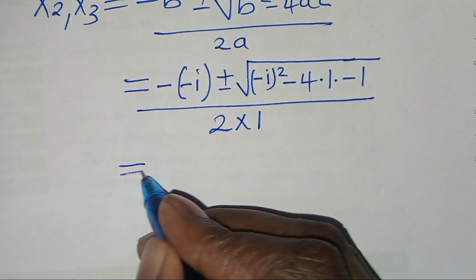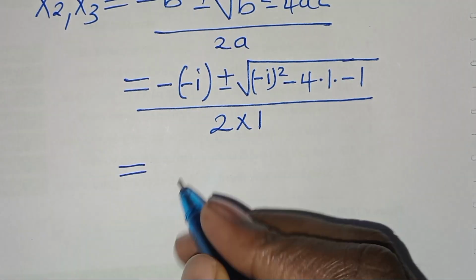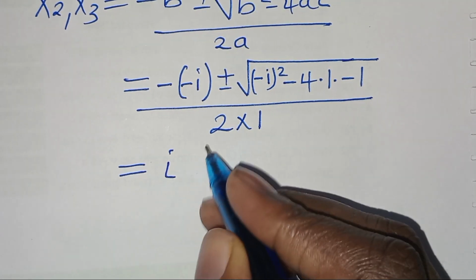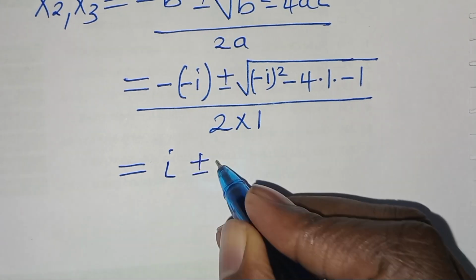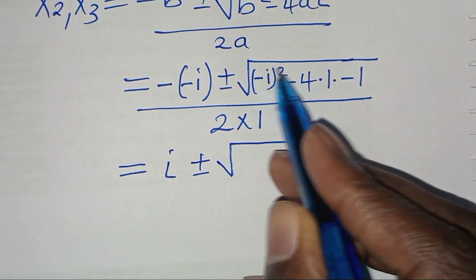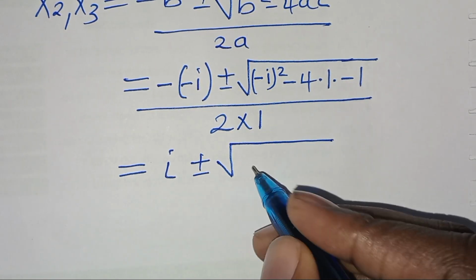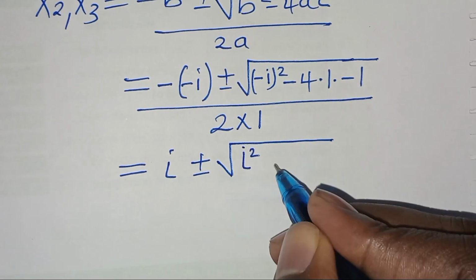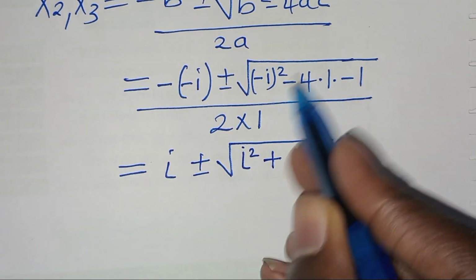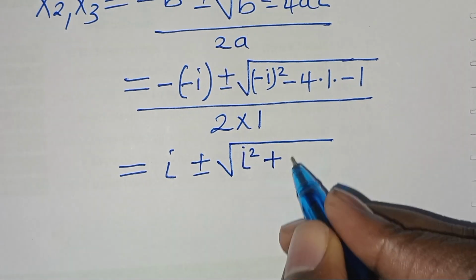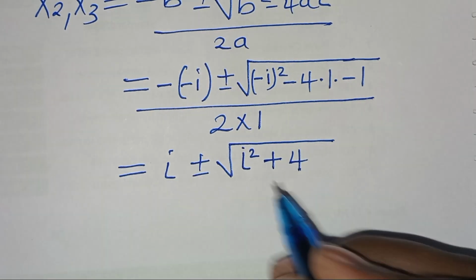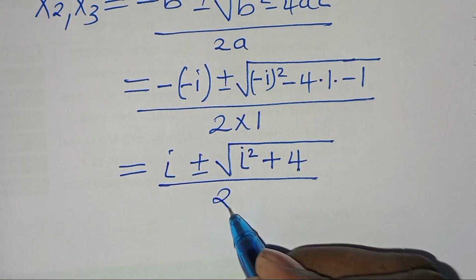So this is i, then plus or minus the square root of minus i squared, this is the same thing as i squared, then plus 4, then divided by 2.